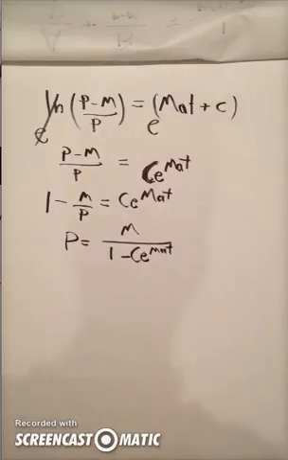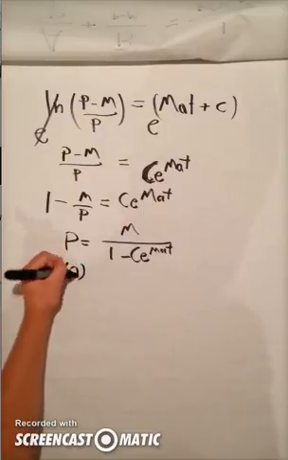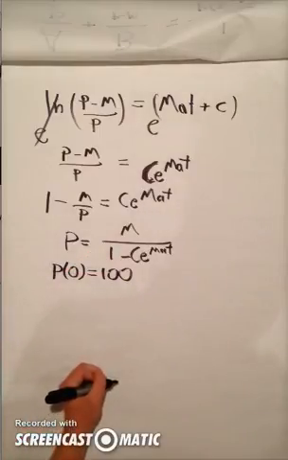All right, so there's our P function, but we don't know what C is, so we have to figure that out. We do have some conditions that make this easier. The population at t equals 0 is 100.